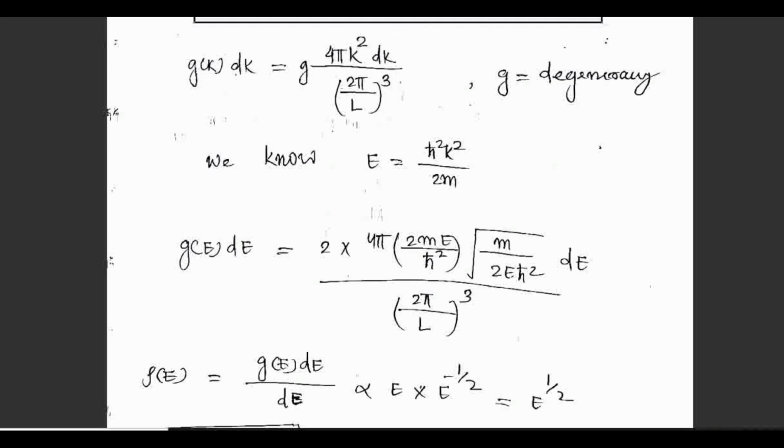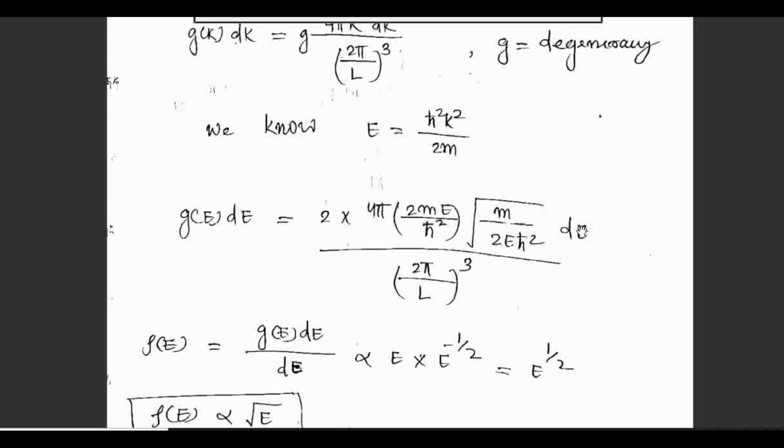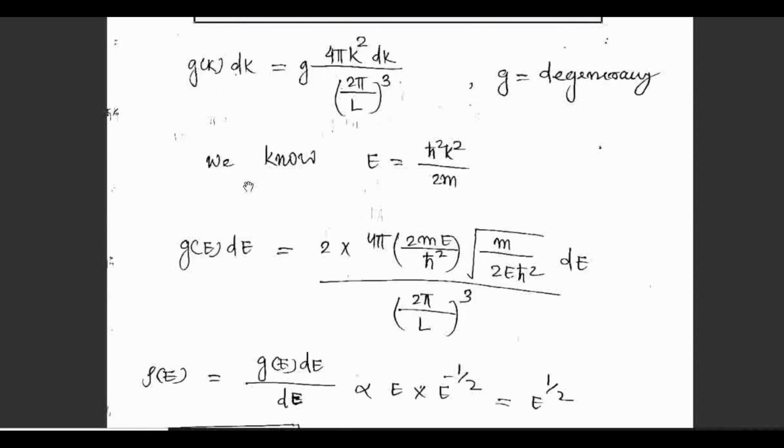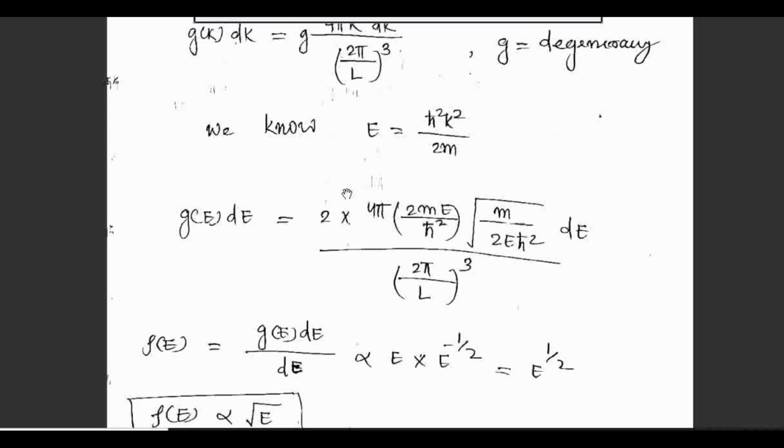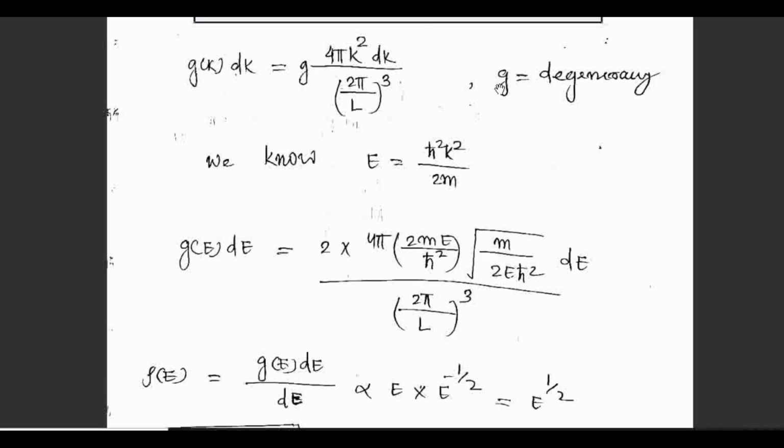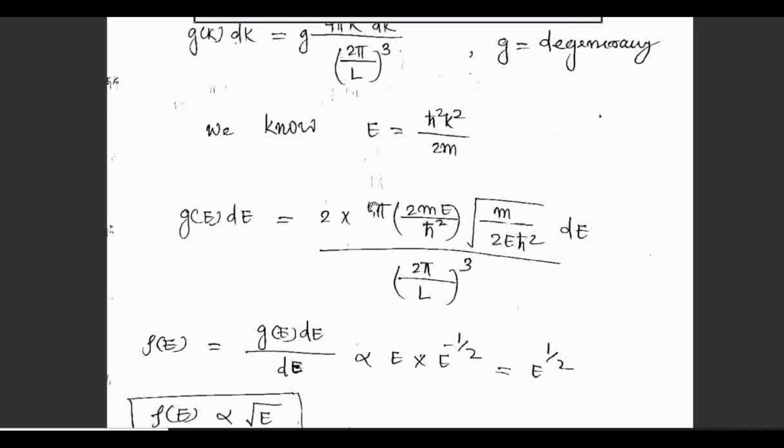After differentiating, you get an expression in terms of dE, and after putting it in terms of E, you will get g(E) dE. Where does this 2 come from? This 2 is the degeneracy for electron, because the spin of electron is half. The formula 2s plus 1 gives the multiplicity, that means the degeneracy. So g is 2 for electron, and that's why this 2 appears here.